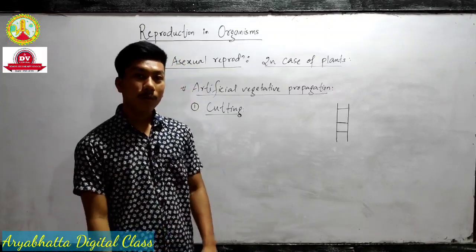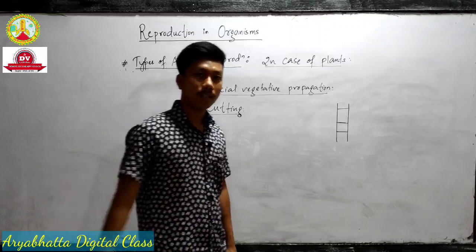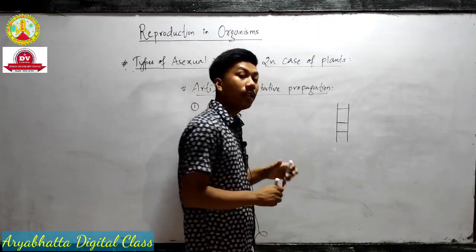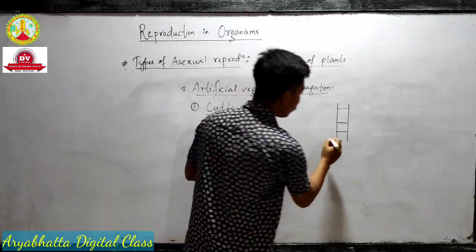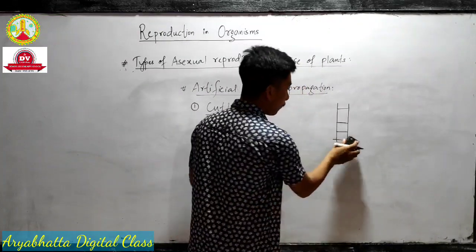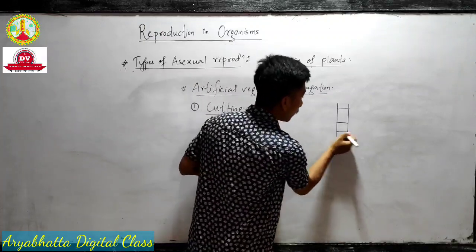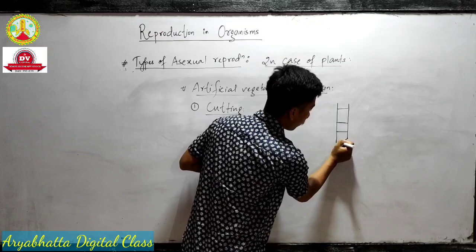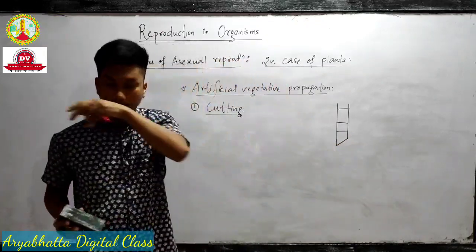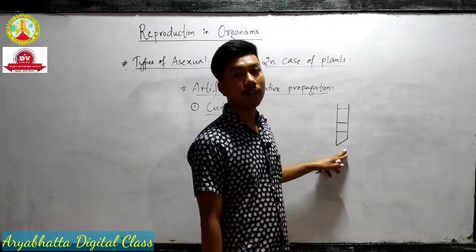What we do is cut the stem, a sharp cut at an angle of 45 degrees, not a direct cut, just below the node region, not at the node part. Why do we cut at an angle of 45 degrees?